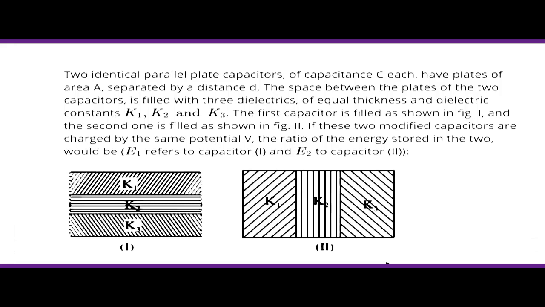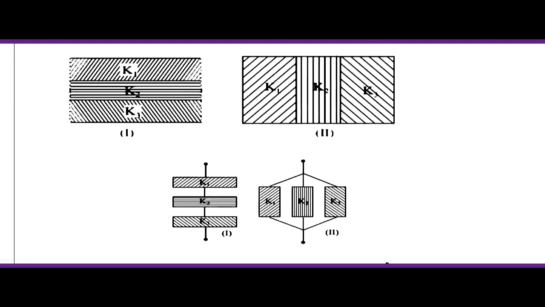They have the same potential V, and we have to find the ratio of energy stored, E1 by E2, where E1 is the energy related to capacitor 1 and E2 is related to capacitor 2. So this is the first figure. If we simplify these 2 figures, then K1, K2, K3 in the first are connected in series, and in the second they are connected in parallel. So first we will find the values of capacitors C1 and C2.